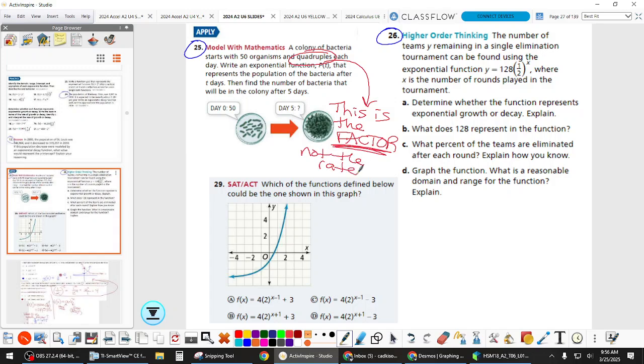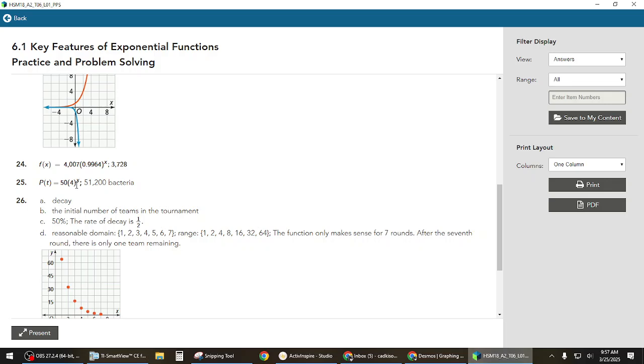It's like it already has that built in. So words like doubles, triples, quadruples already have the 1 plus in there. And so you can just dump the 4 straight into your function rule. So 50 times 4 to the x. If it was tripling, what would that look like? 3 to the x, right? We don't have to add 1. Good. Once you plug that in, you get 51,200 bacteria.